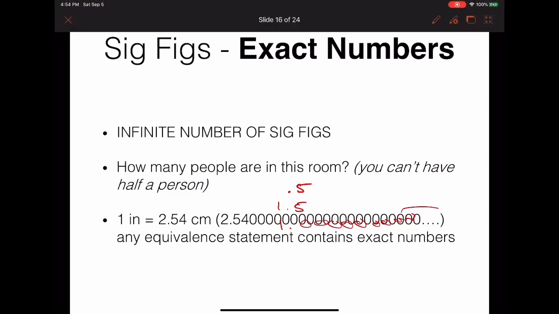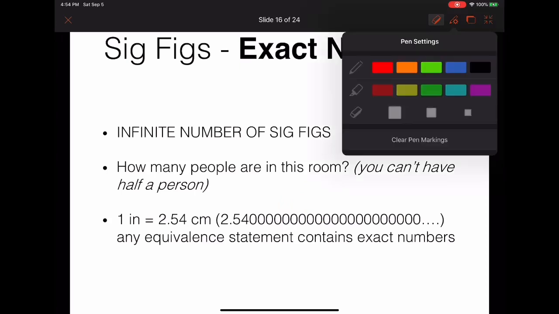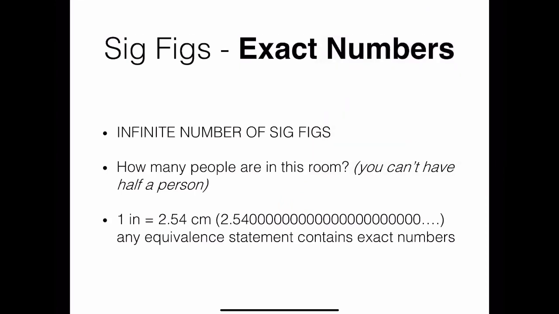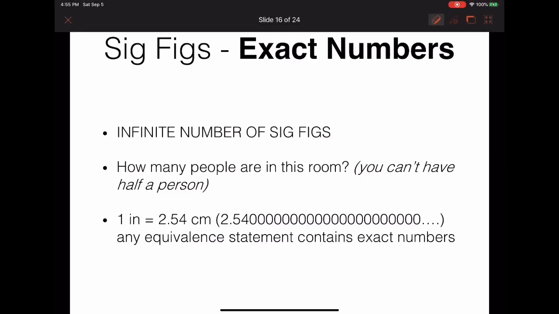And then, for example, anytime I have an equivalent statement, which means I'm talking about how one number is equal to another, I'm saying, for example, here that in 1 inch, I have exactly 2.54 centimeters, which means I can't have a 1 in this area right here, or this number can't be a 2. If that number is exact, it's considered to be followed by an infinite number of zeros.